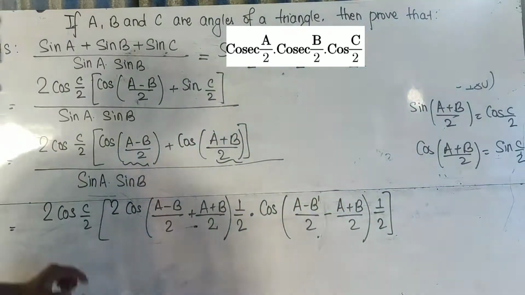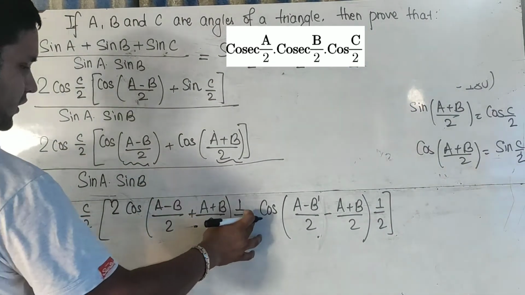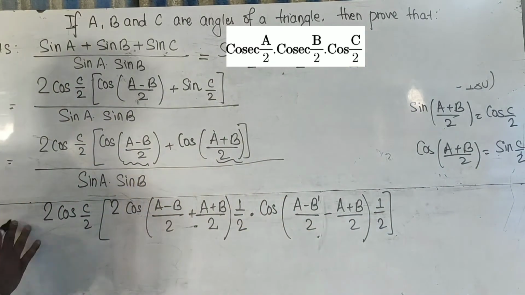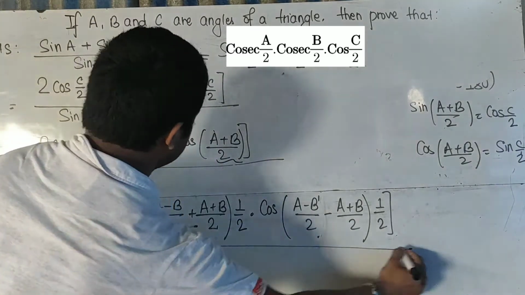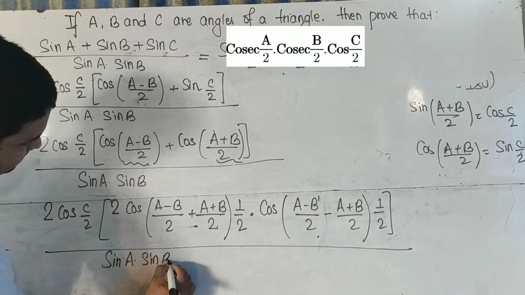So this is the formula for cos C plus cos D. And in the denominator, you still have sin A dot sin B.